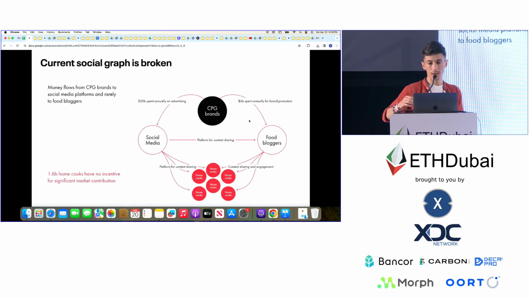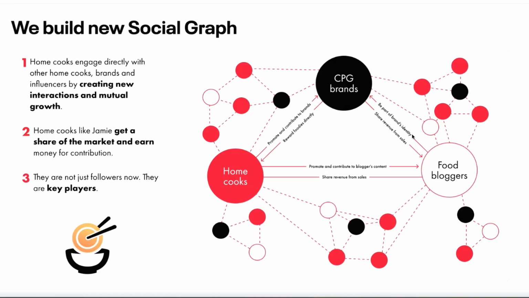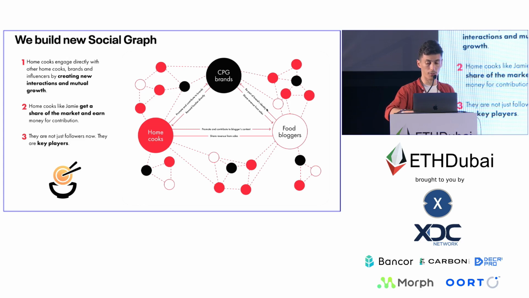But the current social graph is broken, because all the money flows from brands mostly to media platforms, and not to these home cooks who are generating a lot of value and data. So we built a new social graph where all these CPG brands can interact with home cooks and food bloggers directly, and these people can generate new revenue.